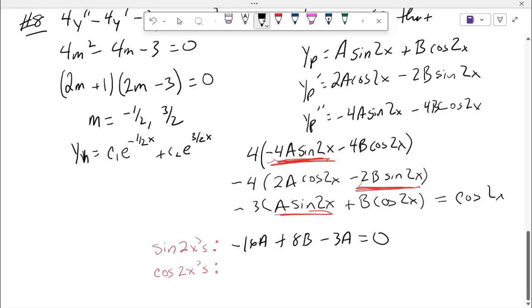Let's do the right side first, because that's the easier of them. What's the coefficient out in front of this cosine 2x? This is 1. Yeah, good. So the right-hand side should be a 1. We're trying to equate the coefficients, right? The thing out in front of this cosine is a 1 times cosine of 2x, right?